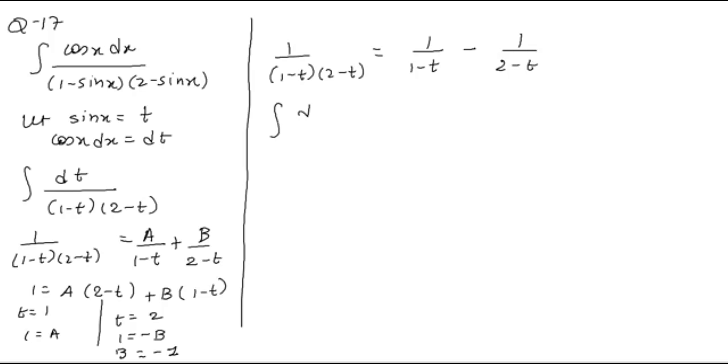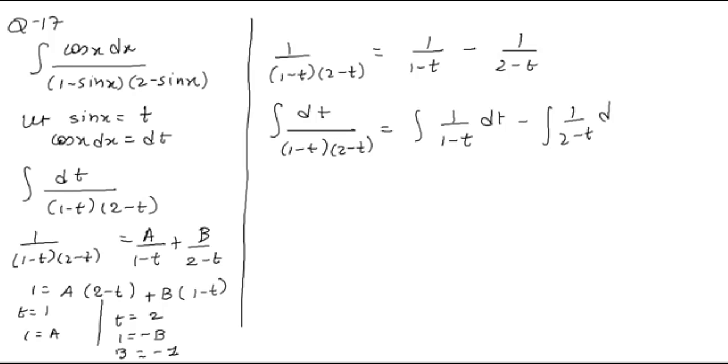So if I take integration on both sides, then it will be the integration of 1 upon 1 minus t dt minus 1 upon 2 minus t dt. So the integration of this will be log mod 1 minus t. Be careful that the coefficient of t is minus 1, so I have to divide by that coefficient over here.